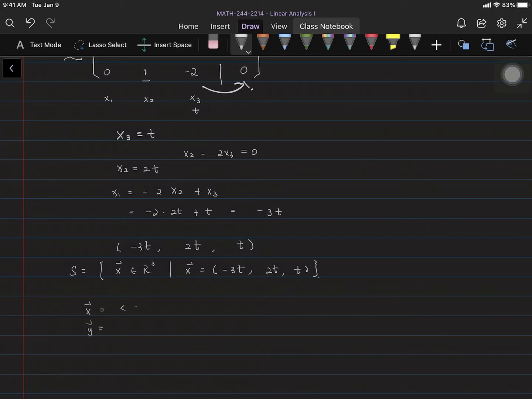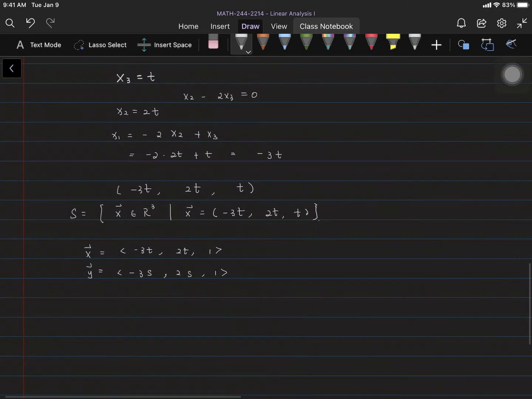For the x vector, we can use t times (-3, 2, 1). And for the y vector, we can use s, a different parameter but a similar thing. It has the same form, just a different letter. So we have 2 vectors, and they both belong to S because they have the same form.